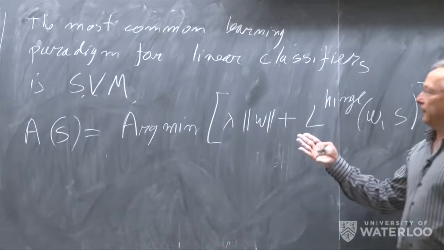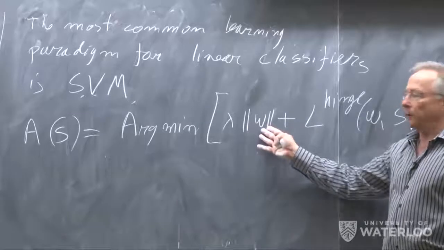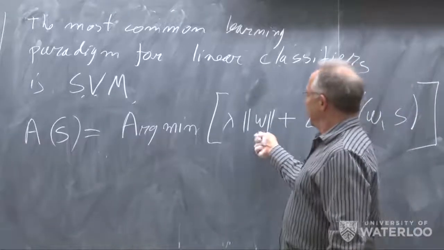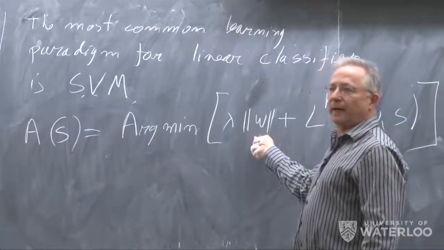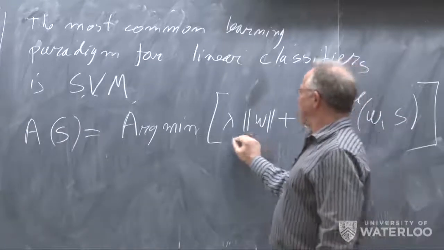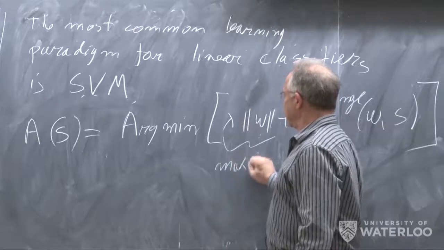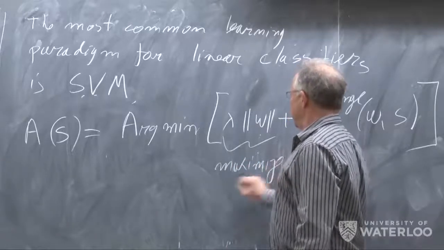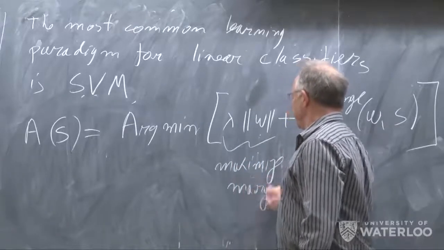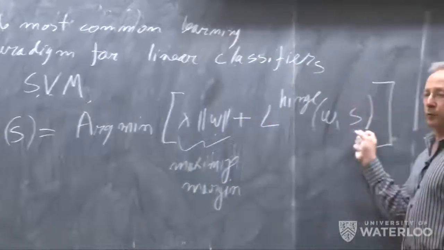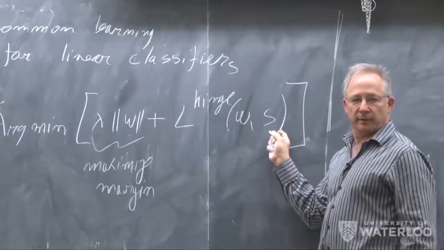Trying to minimize the norm of W is very similar to trying to maximize the margin, while not paying too much in terms of the hinge loss.